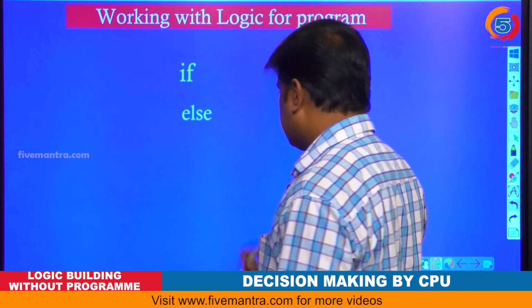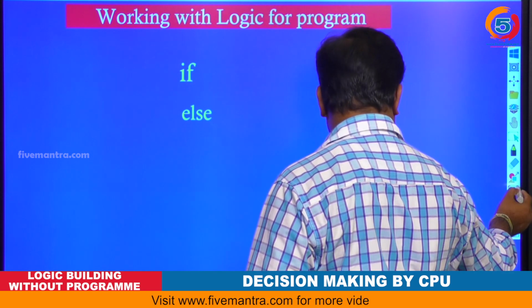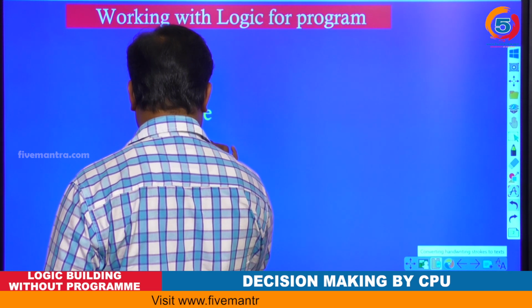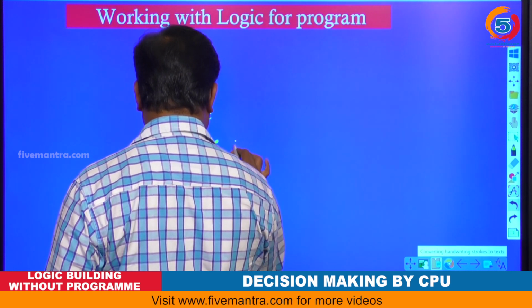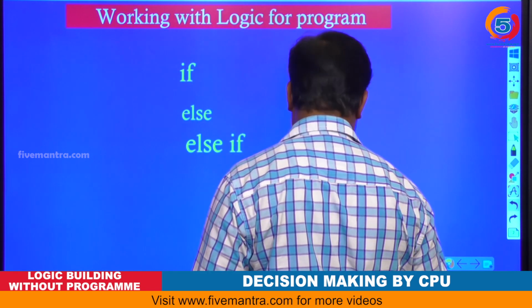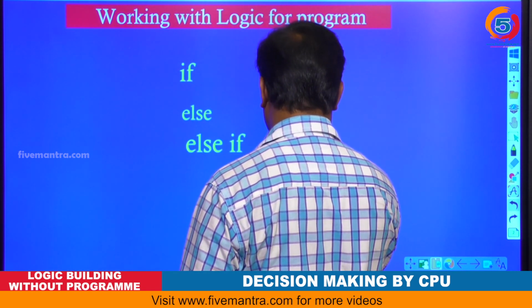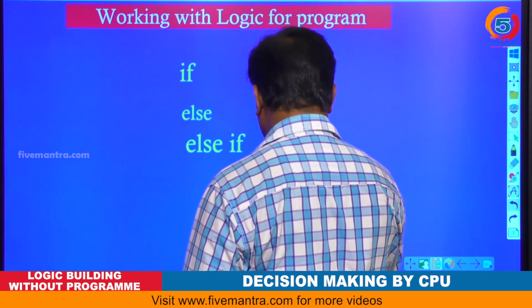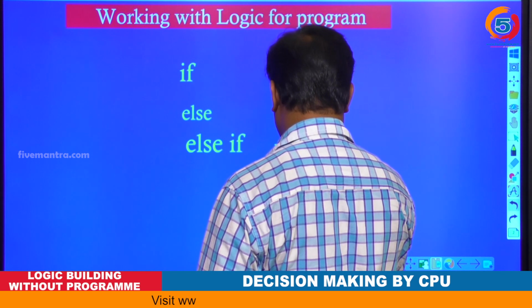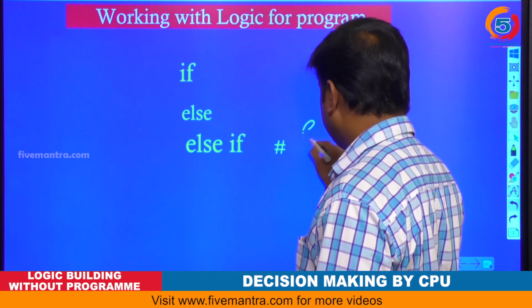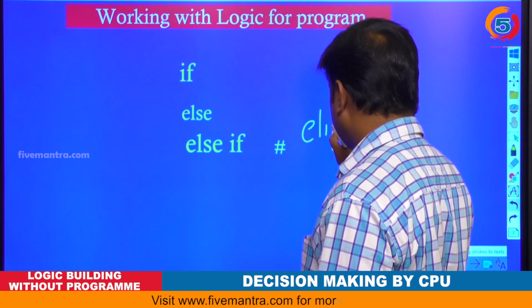And next, this is extended with another one, that is else if. In some languages this is known as elif, like Python.